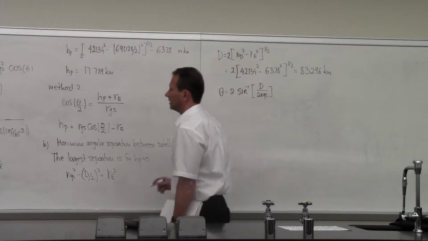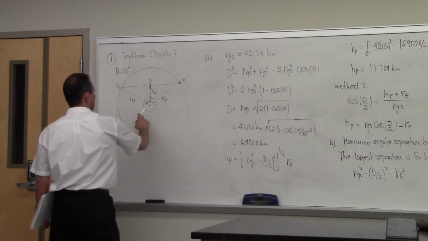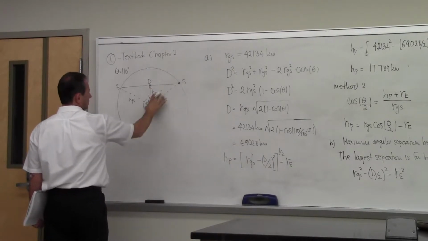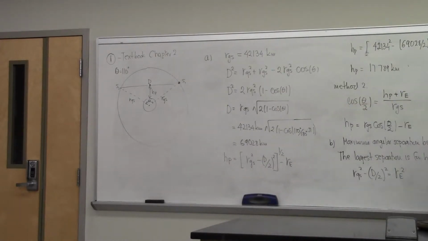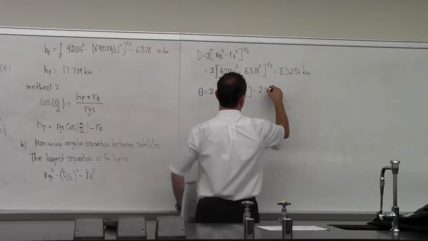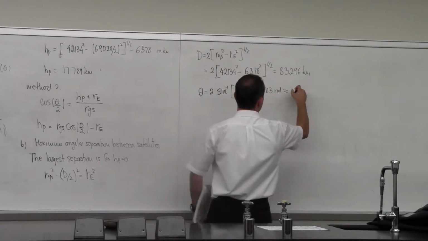If you look at when this is over here, then the sine of this is going to be this over this distance. And when you substitute the values, you end up that this is 2.83 radians or 162.27 degrees.